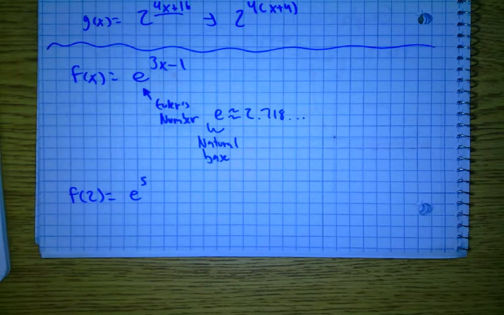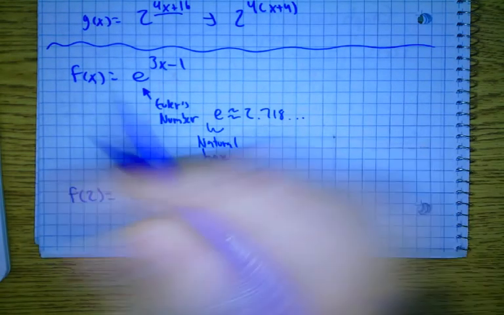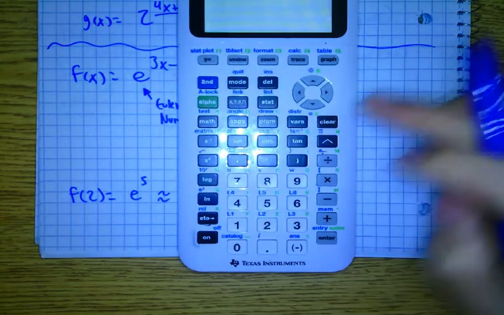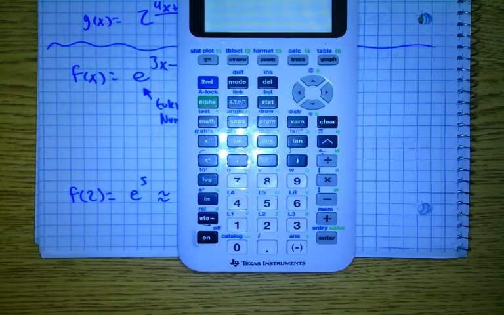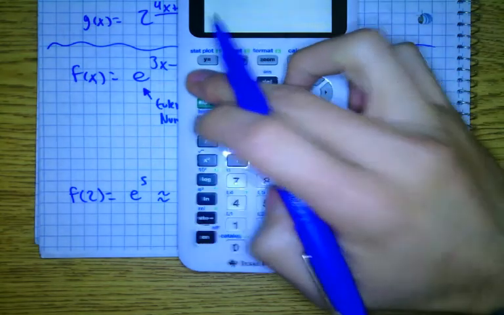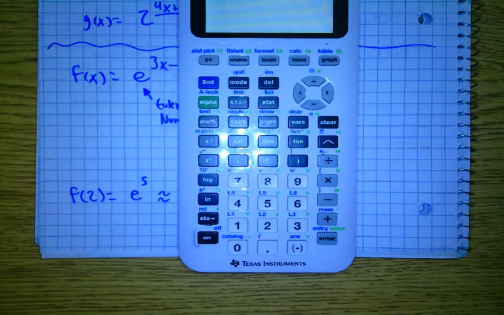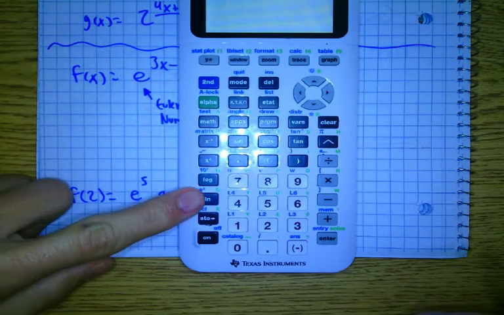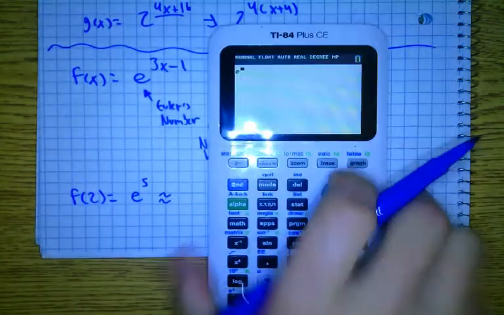Does anyone know where Euler's number is located on the calculator? Second and what, I'm sorry? Okay, right here, ln, right above it, it would give you the e, so it would give you e to a power. So in this case, we would say e to the power 5, and then hit enter, so it's 148.4.